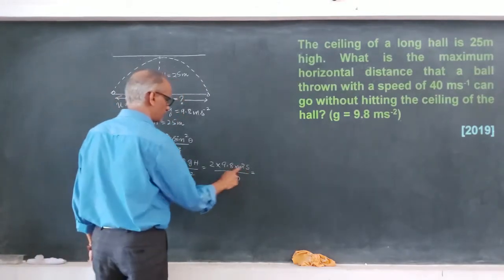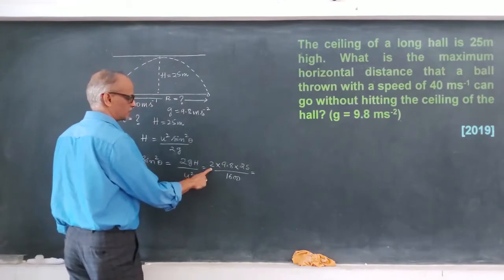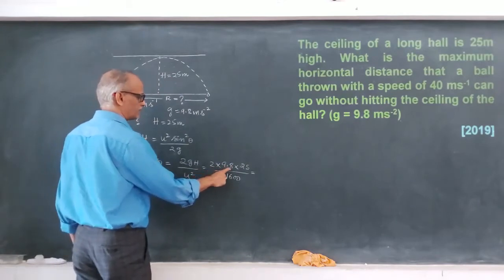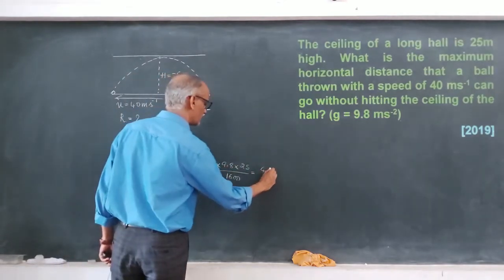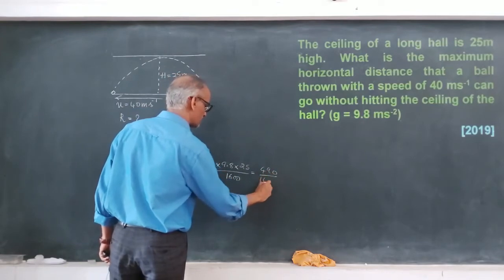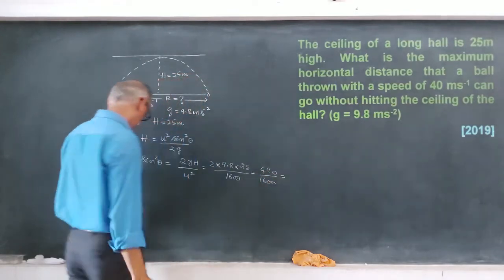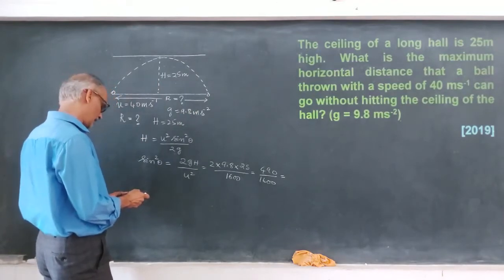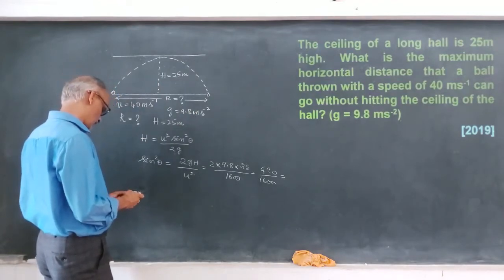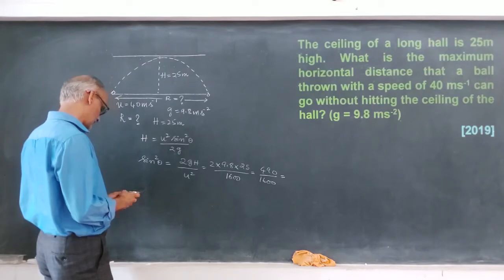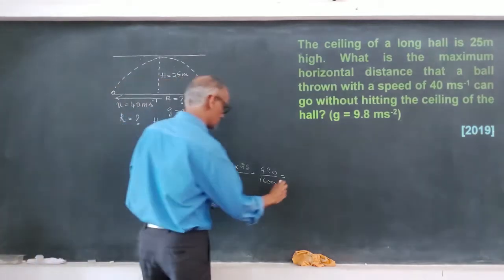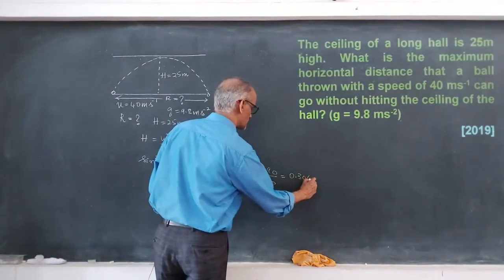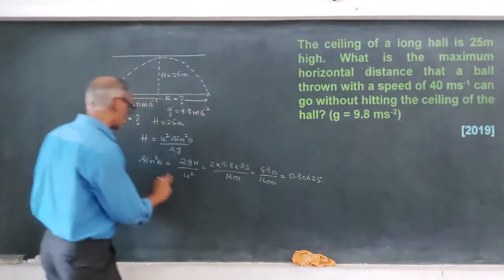So here we have 25 into 2, 50, 50 into 9.8 is 490 divided by 1600. So let's calculate this. 490 divided by 1600, which is 0.30625. But that is sine square theta.